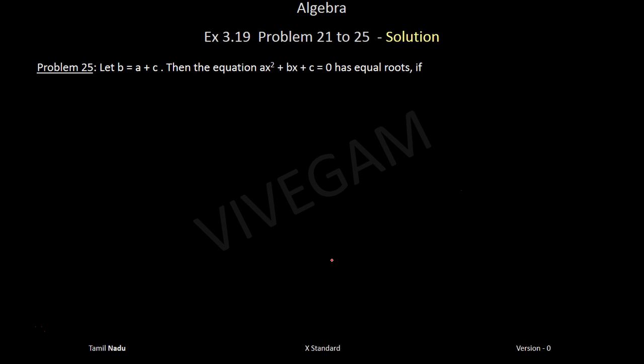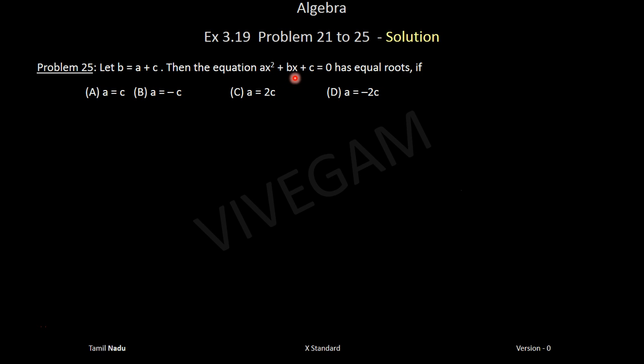Next, problem 25. Let b equal a plus c. Then the equation ax square plus bx plus c equal to 0 has equal roots if. So they say ax square plus bx plus c equal to 0 has equal roots, and there is a particular condition which needs to be satisfied.